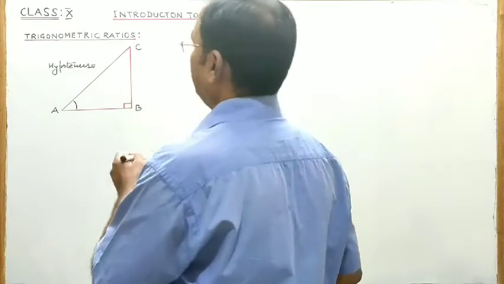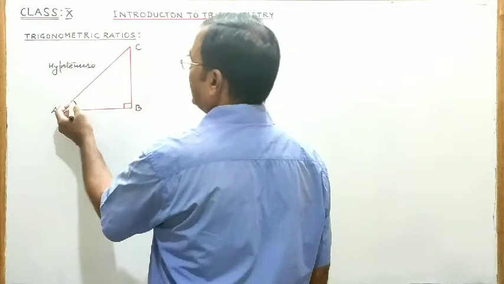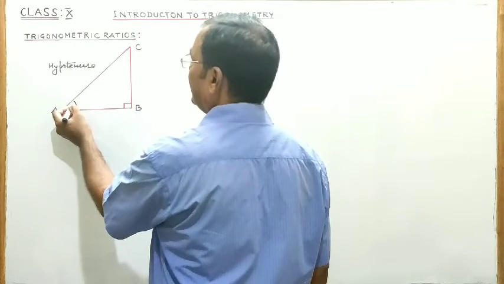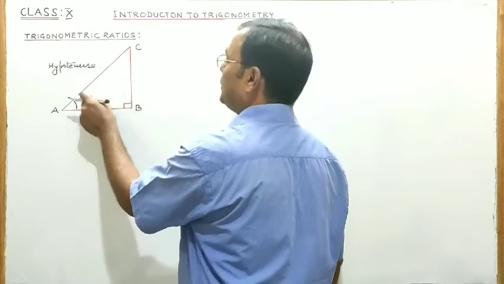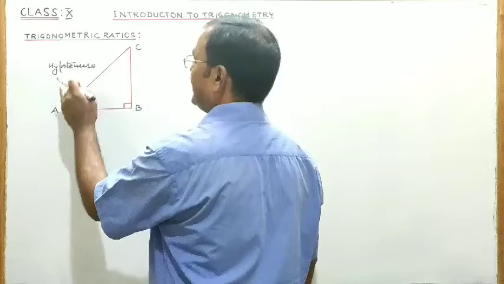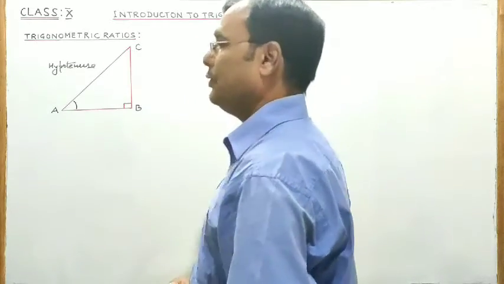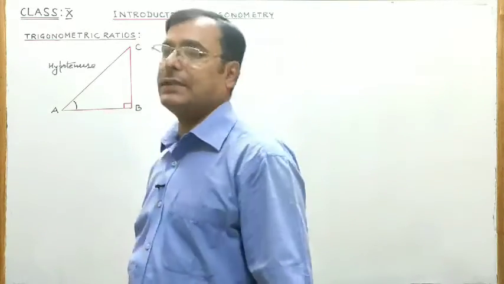Now we are going to define trigonometric ratios for this considered acute angle A, for which BC is the side opposite to angle A and AB is the side adjacent to angle A, like perpendicular and base.